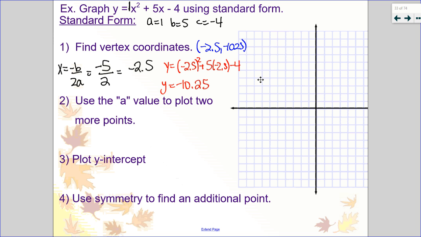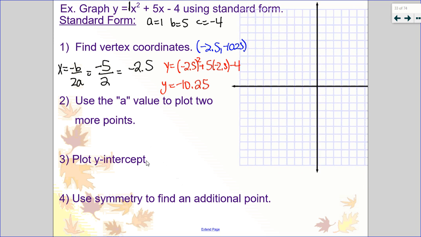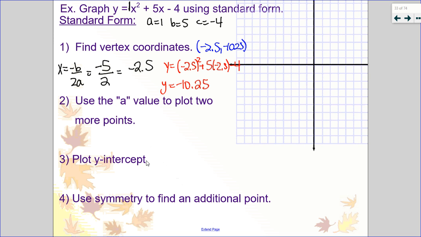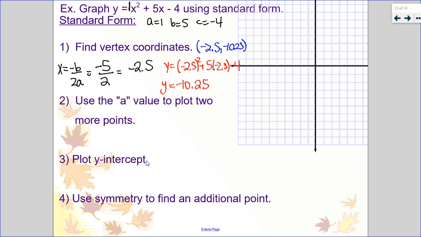So it's going to be all the way down here. I'm just going to move my graph up. -2.5 and then -10.25 is about right here. So there's my vertex, -2.5 comma -10.25. Now what is A for this one?